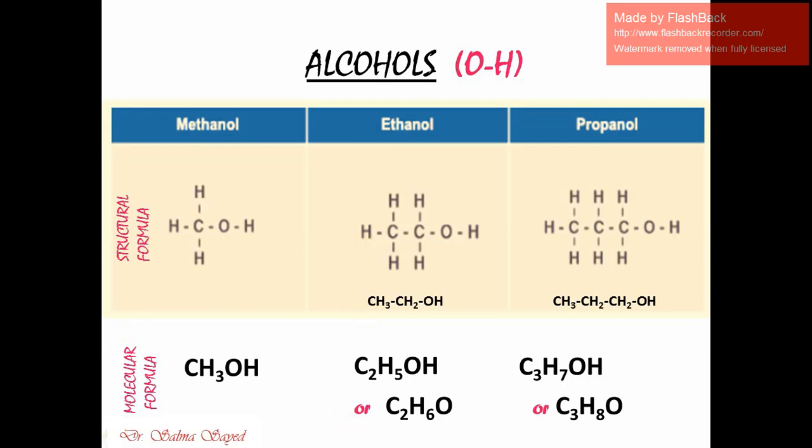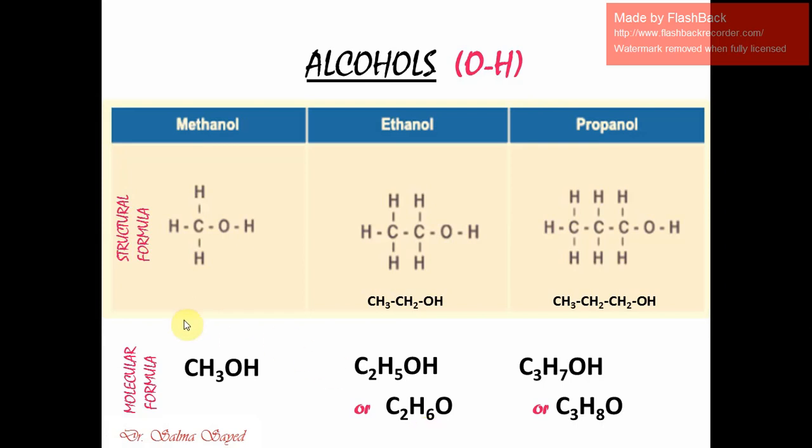The molecular formula, on the other hand, gives an indication of the exact number of the different atoms within the molecule. So for instance, methanol is CH3OH. It can also be written as CH4O. Ethanol would be C2H5OH or C2H6O.